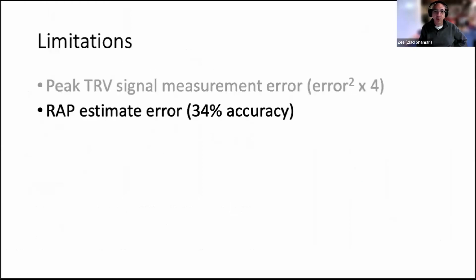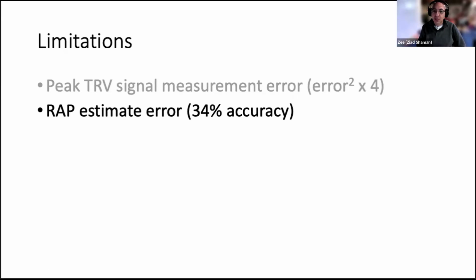Okay, the second problem that you might find yourself faced with is the right atrial pressure estimate error. On literature search, the right atrial pressure estimate from looking at the IVC, relative to measuring it invasively, is pretty far off, and the estimate is only accurate about 34% of the time.